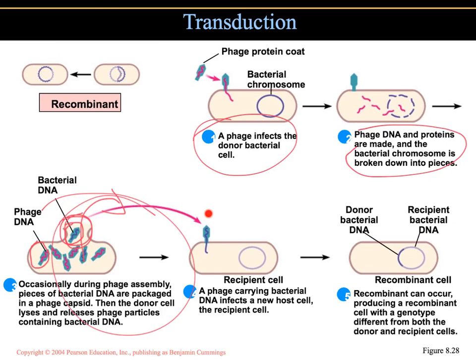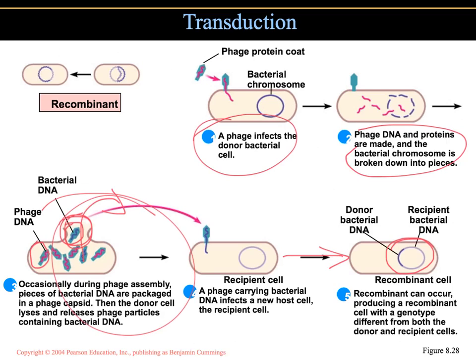Once it infects a new host cell, this phage will inject the genetic material from the donor cell into this new host cell. And that donor bacterial DNA would be incorporated into the recipient's DNA. And now you have a recombinant cell.